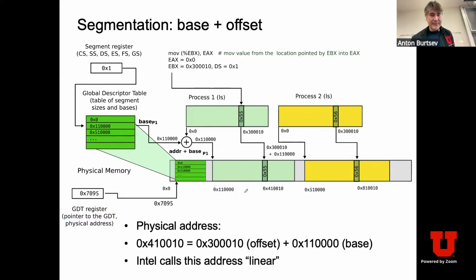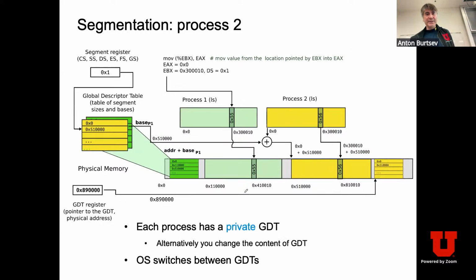And obviously, if you have a second process, you have options. You can use a different global descriptor table: the green process will have its own global descriptor table, and the yellow process will have its own yellow global descriptor table. They will be at different locations in memory.